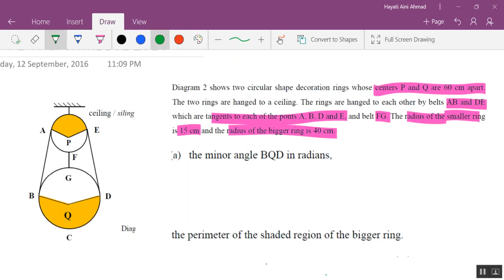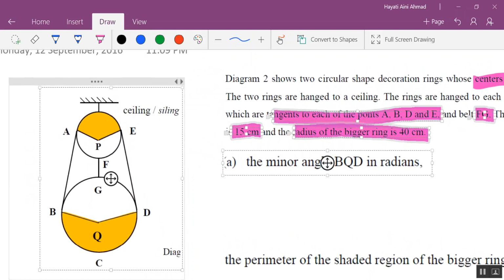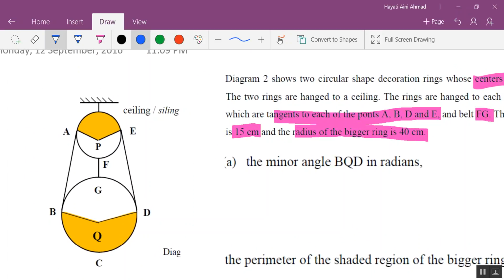So let's have this written on the diagram to make it clear for you. First, the radius of the bigger ring is 40 cm. So we must know that this is the radius. It should be 40.